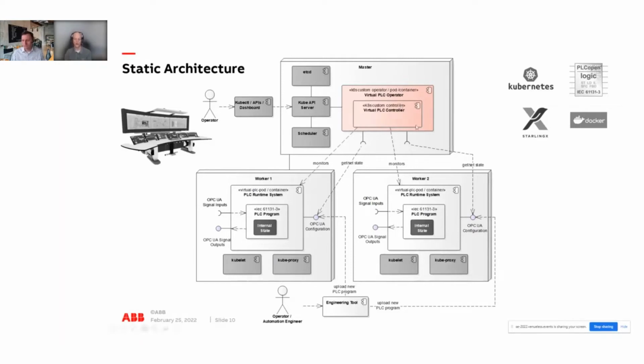So our operator monitors the running pods, and once it gets an update request, for example, from an operator or from the Kubernetes environment itself, because it wants to move the software between nodes, then it reads out the internal state, transfers it to the updated version, and then also switches over the input and output signals.